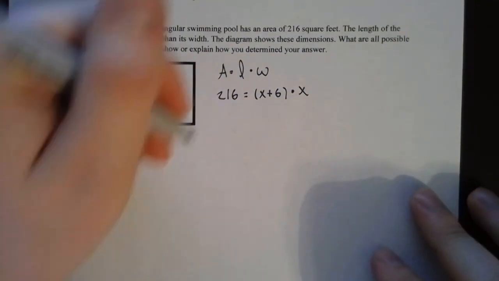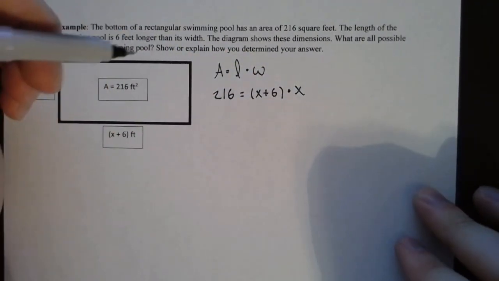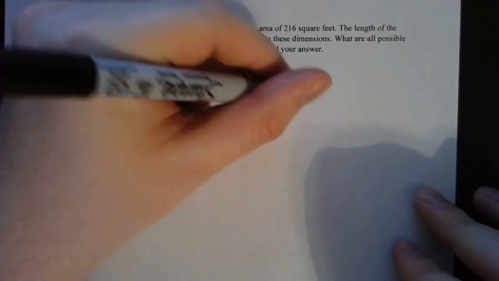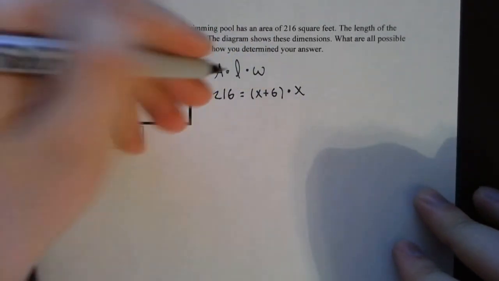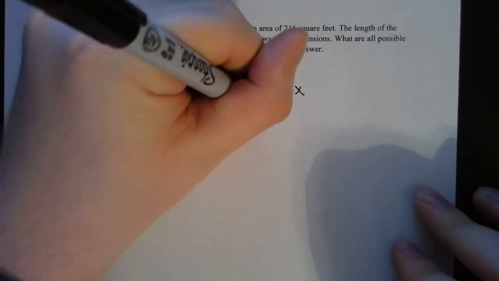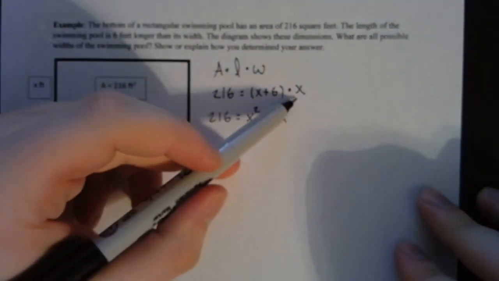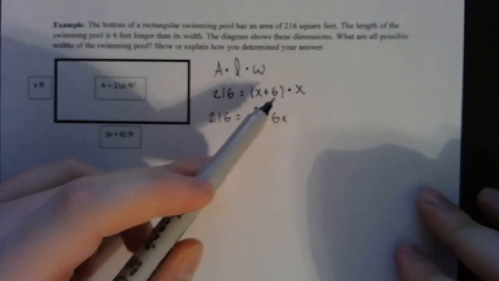So from here, we can go ahead and start rearranging this to get it in standard quadratic form. I'm going to go ahead and distribute this x value to both terms inside the parentheses. I'm going to say 216 equals x squared plus 6x. I want to distribute x to this and x to the 6.